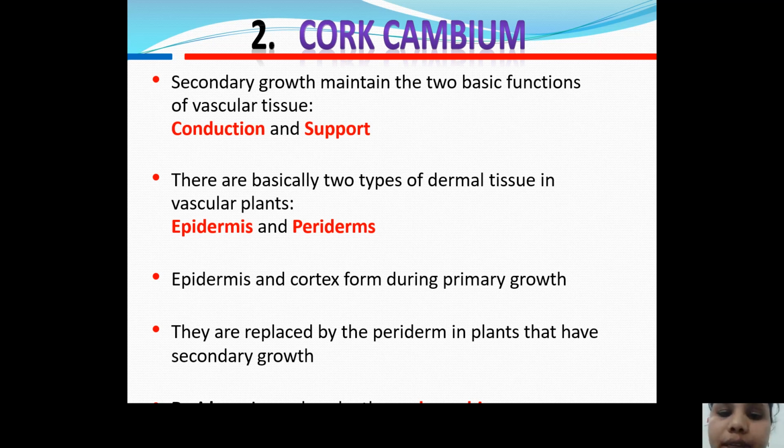That is, the secondary xylem and secondary phloem keep on adding to the stem. Therefore, it creates a pressure on the epidermis and the lower hypodermal cells. Therefore, this cork cambium is formed in the hypodermal region.